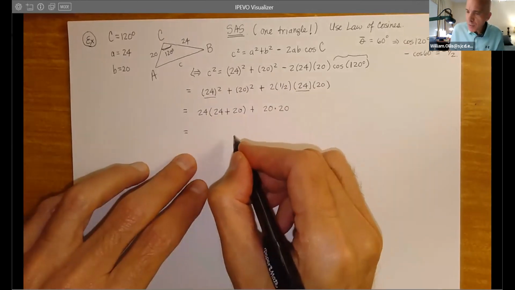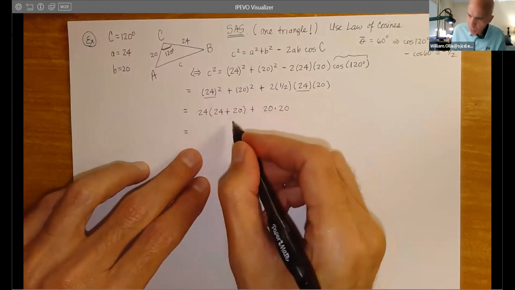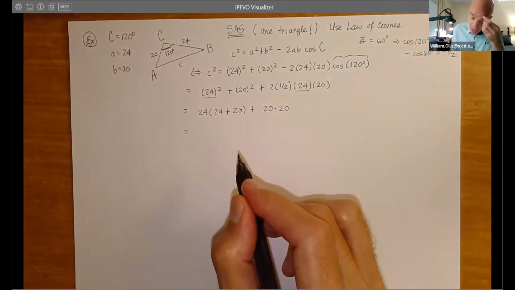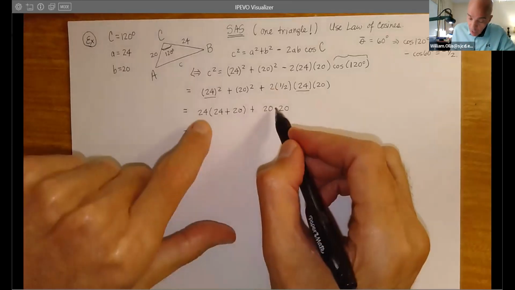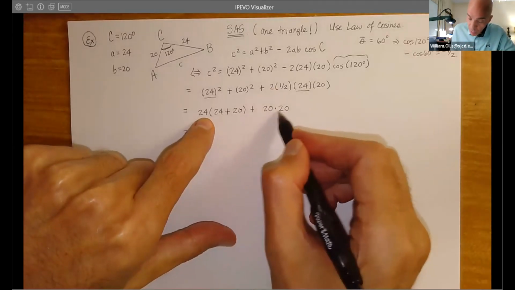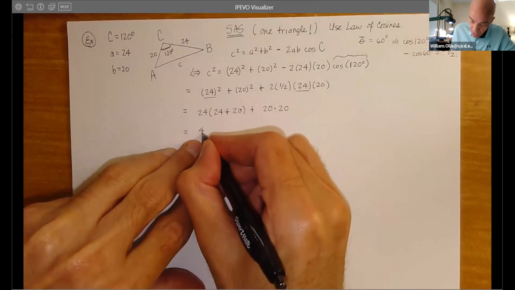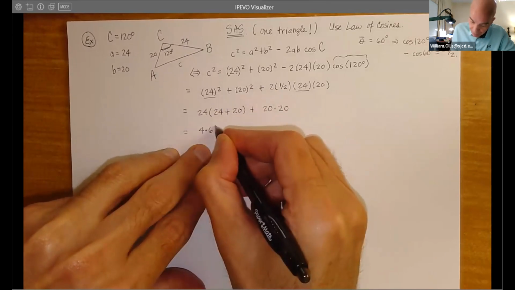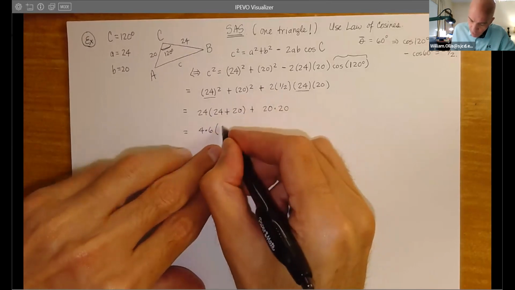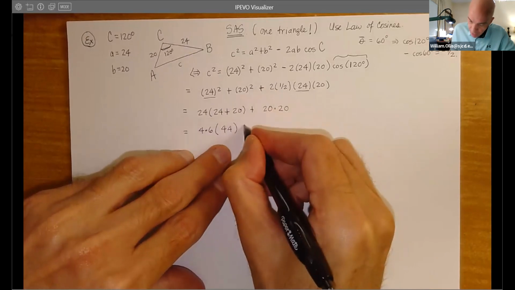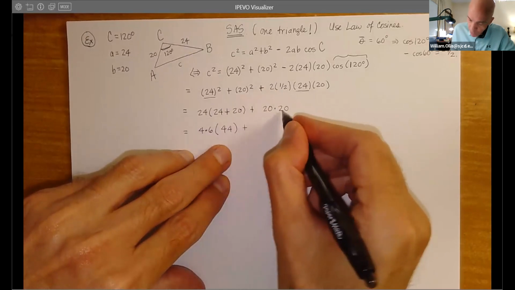So now if we look at this, we're thinking, okay, how can we reduce some of this to make it even more user-friendly? Notice here that we've got 4s, and we can rewrite some of this. So this is a 4 times a 6. And here we get a 44. Plus, and here we've got 2 4s in here.